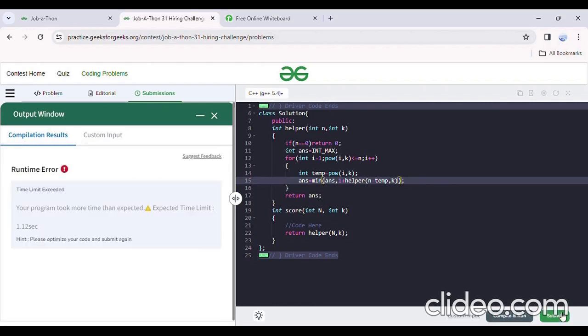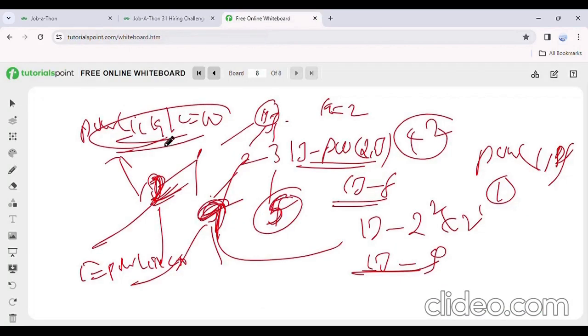It's showing TLE. To reduce the TLE, what I am doing is dynamic programming. Why am I using dynamic programming here? Because repetition is possible, right? Here I got 12. From 12 I definitely get 9 also, right? Why? Because if we subtract 1 from 12 three times, then we get 9.